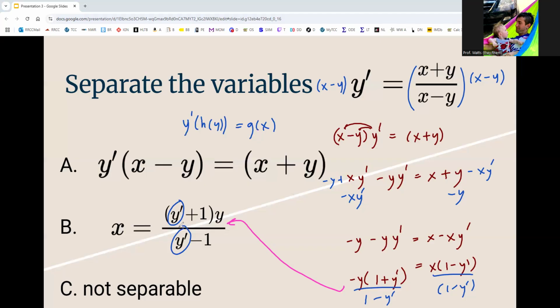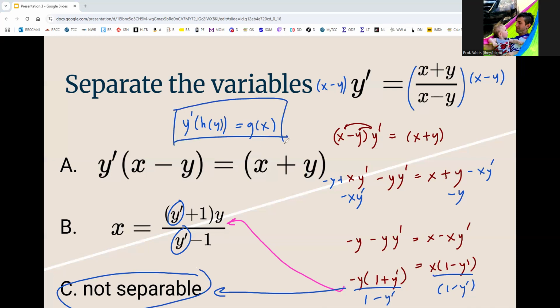So B is an equivalent differential equation, but this is not separable according to our formula. So we see it's more than just separating the variables, though that is the strategy to see if it's separable. Go ahead and separate the variables and then see if it fits that formula.